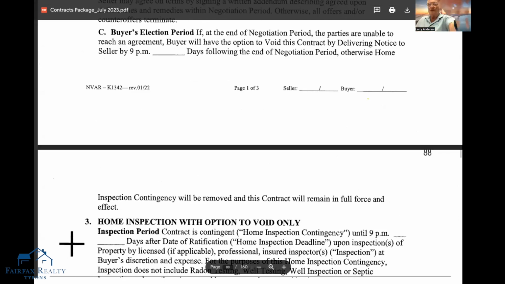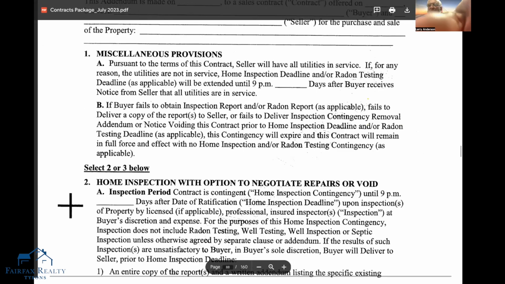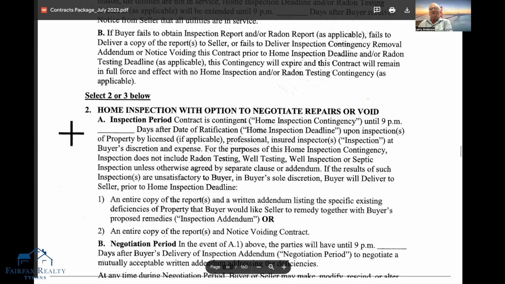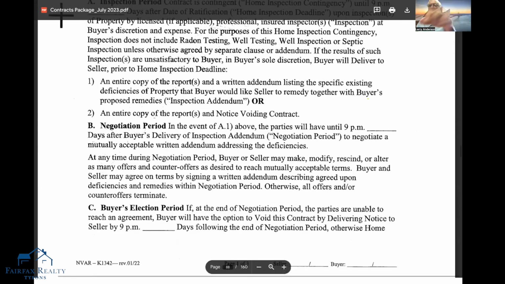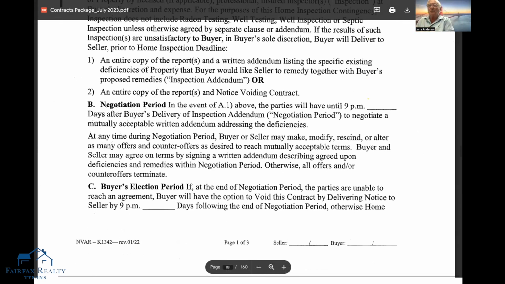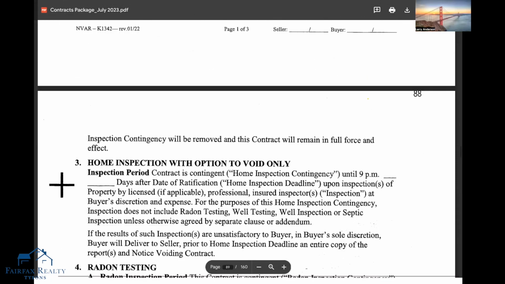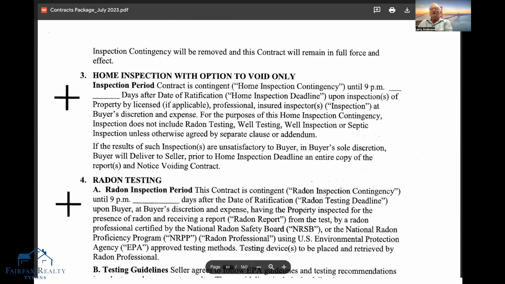If you thought you were going to be asking for things to be fixed, why didn't you just use option 2 in the beginning? Well, if you ask for option 2, they may not accept your contract because you might come back and ask for what? Things to be done. So let's just roll the dice, ask for number 3, and then go back anyway and ask for stuff because we had the condo and POA docs to get out on. To me, that doesn't show real good faith. I know it happens, okay?